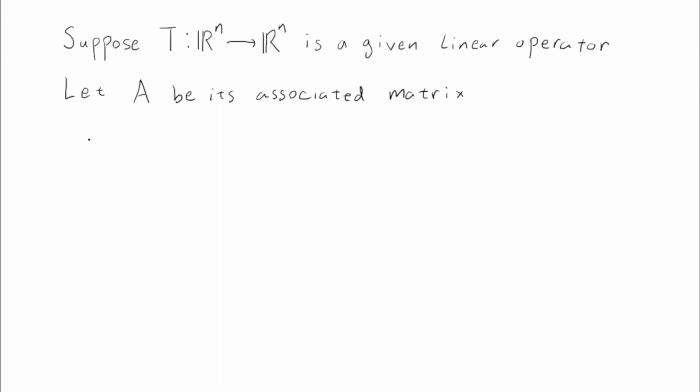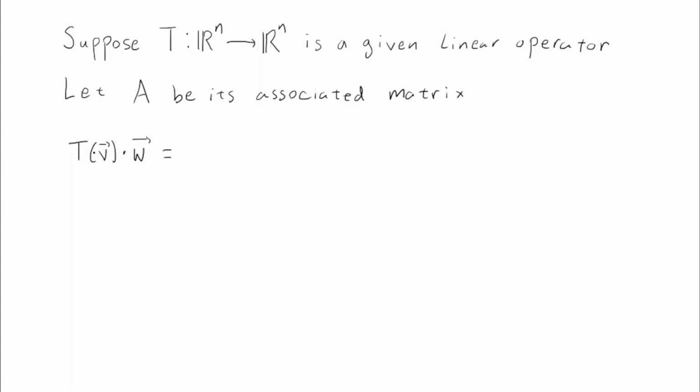The idea is to look at the expression, take two vectors, V and W, and look at T of V dot W, a dot product. Okay, and we want to rewrite this. Basically, the question here is, if you have a dot product of T of V and W, is there any way to take this operator T that's on the left vector and send it to the right vector?